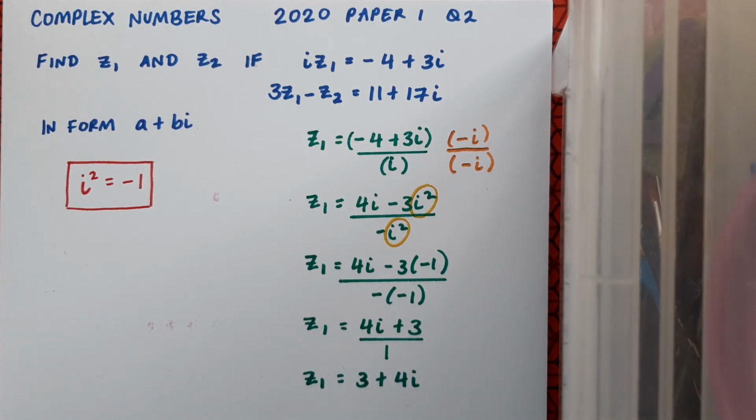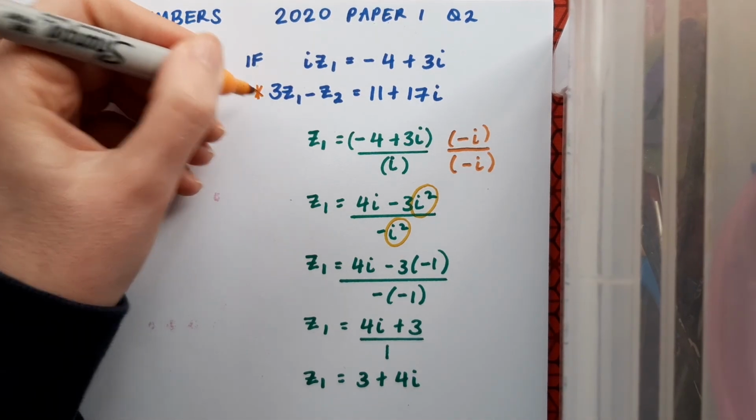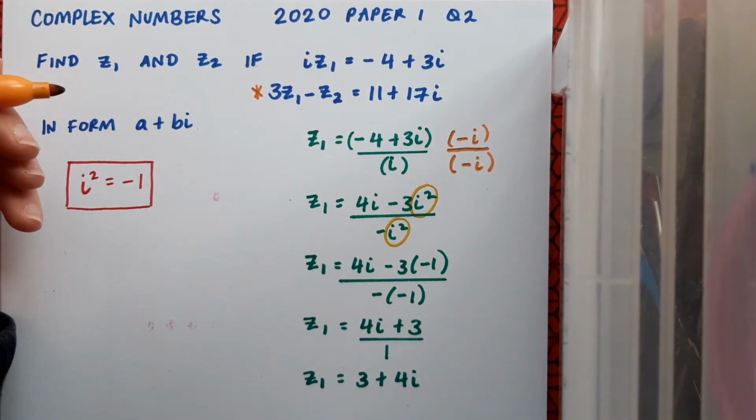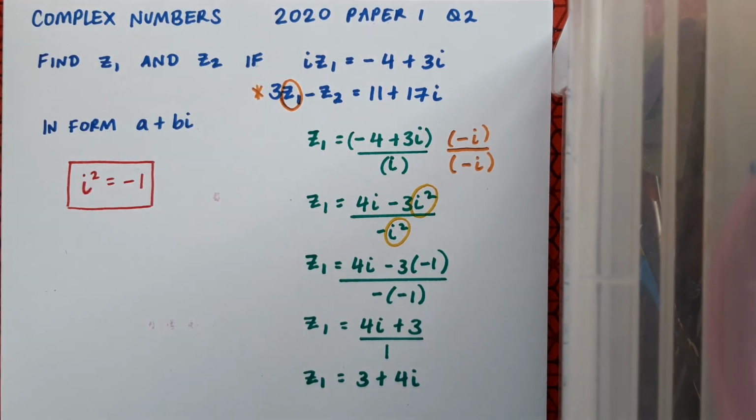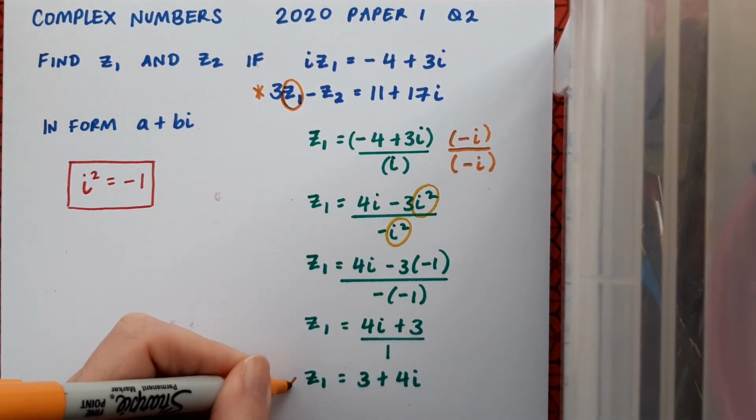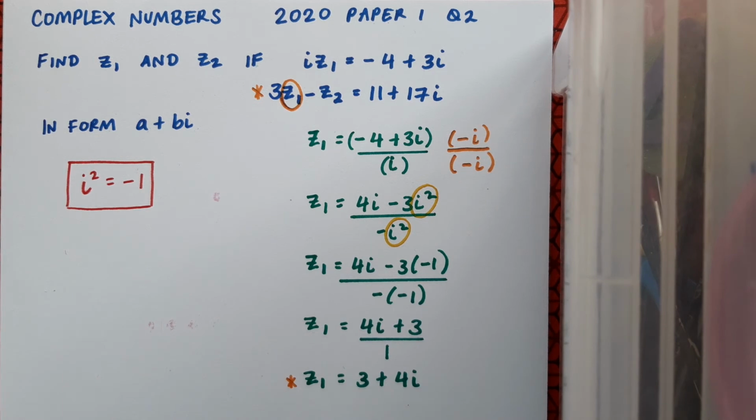So to do that, I'm going to look at the second equation, which is this one here. And of course, it contains z1 as well as z2. So I can actually go to where z1 is located there in that equation and just substitute in the z1 that I've just found.